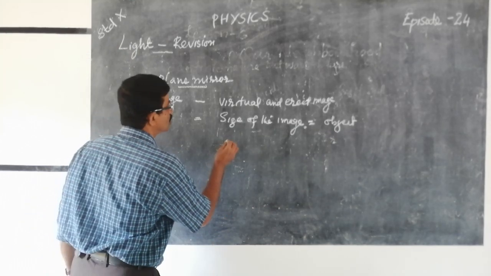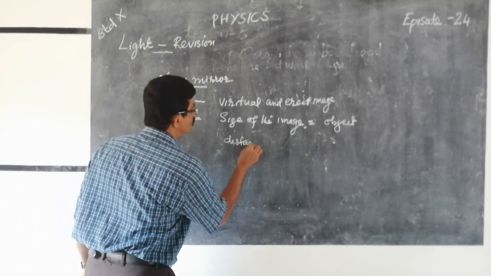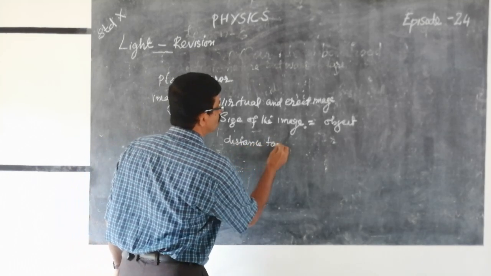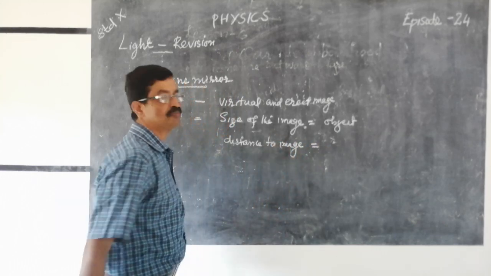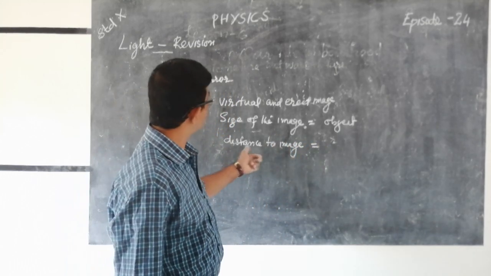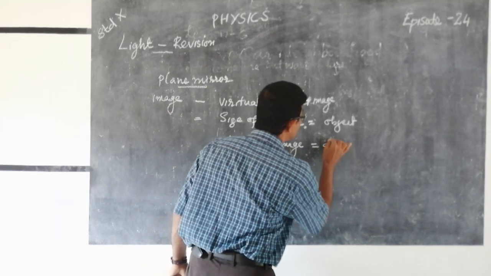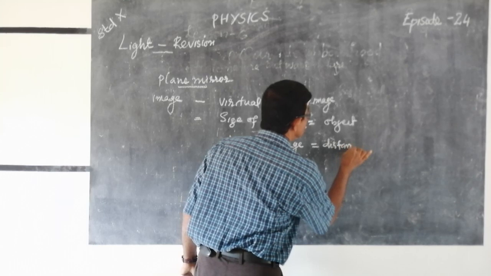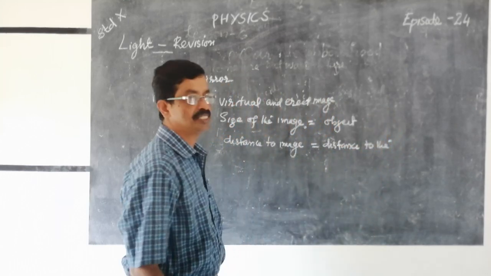Then the third one, the distance to the image from the mirror is equal to the distance to the object.